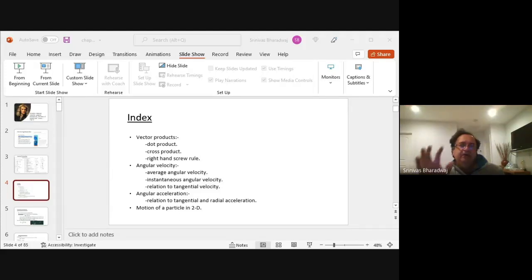So having understood that, if there is no torque, you can still have something going in a circle, right? Uniform circular motion. And what goes in a circle with just one force will continue to do so. If there is a continuing single force, you continue to go in a circle.